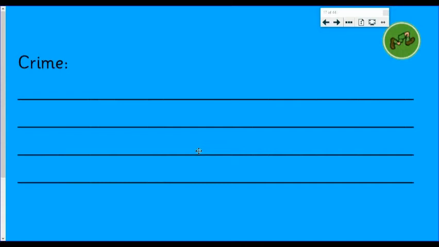Can you remind me, what did we say that we were going to include whilst we were writing? That's right, we said capital letters, full stops, finger spaces, and also neatest handwriting.